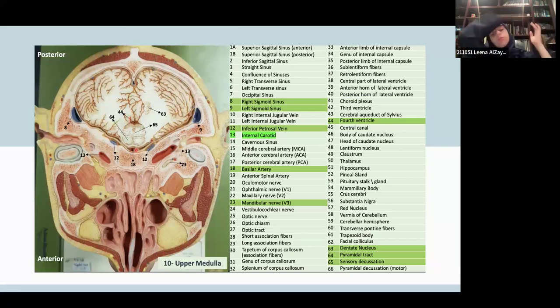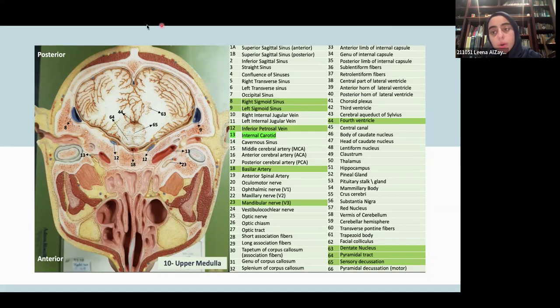So if we're at the level of the upper medulla, you'd know that this is the right and left sigmoid sinuses, and then over here you have the inferior petrosal veins, and in the middle you have the internal carotid artery.